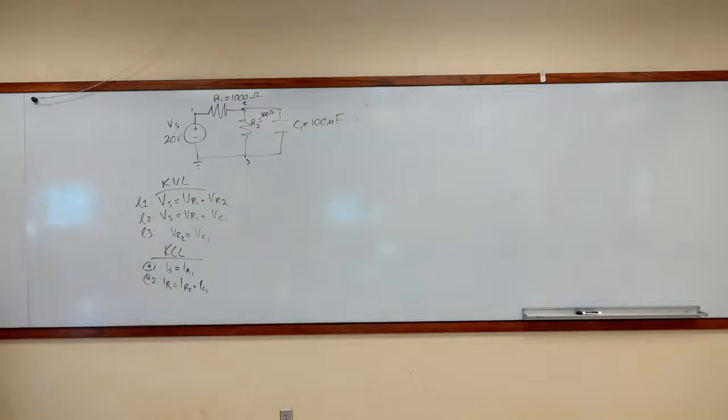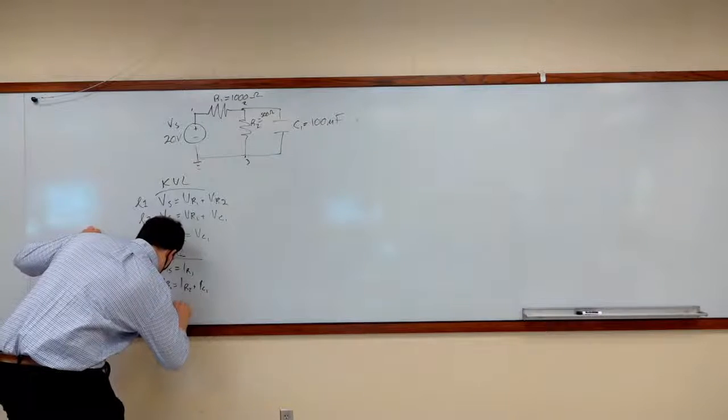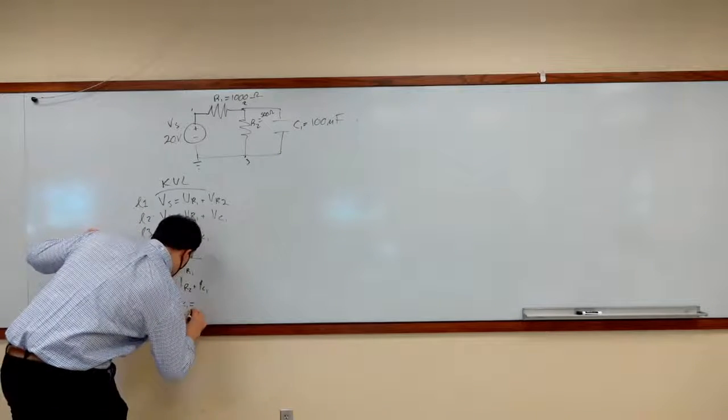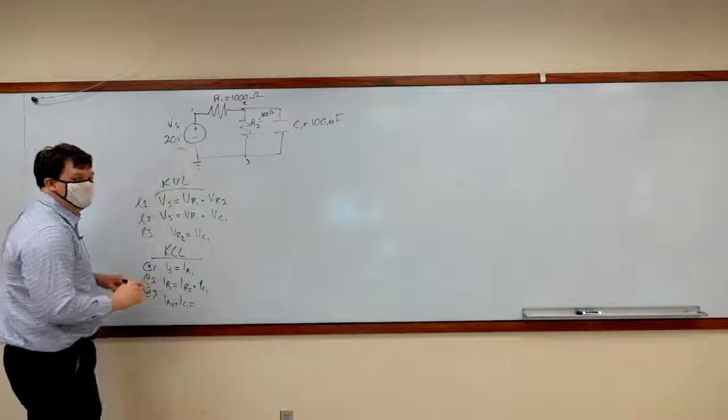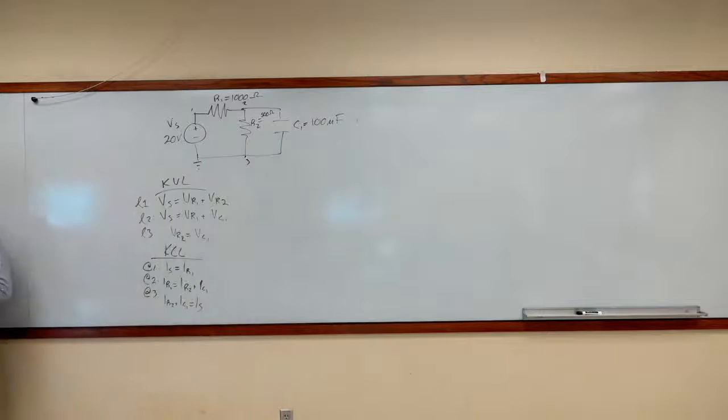What about at 3? IR2 plus IC1. That's IS. But yes, you were right. There you go, 3 equations. That's equation set number 2.